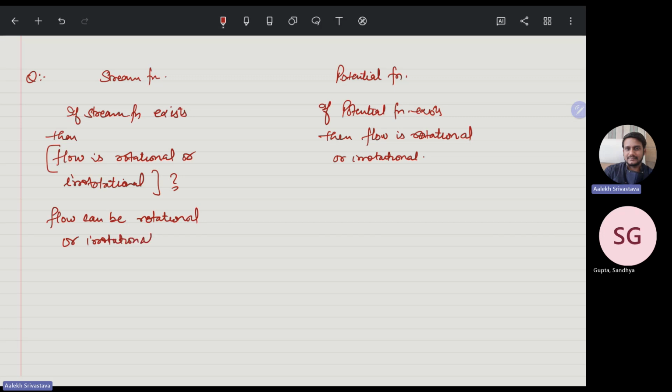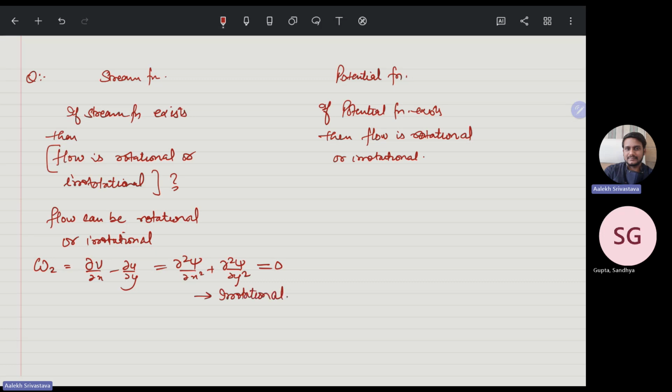For flow to be irrotational, omega z is equal to del v by del x minus del u by del y, and if you put the stream function, it will be del square psi by del x square plus del square psi by del y square, and it should be equal to zero to be irrotational.